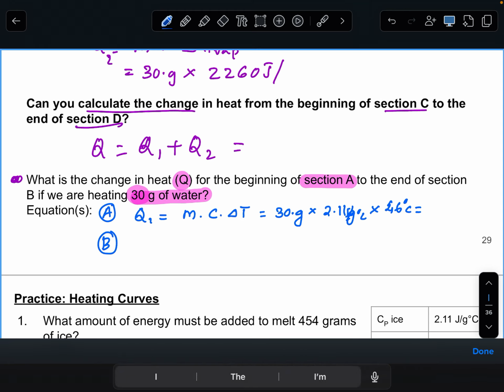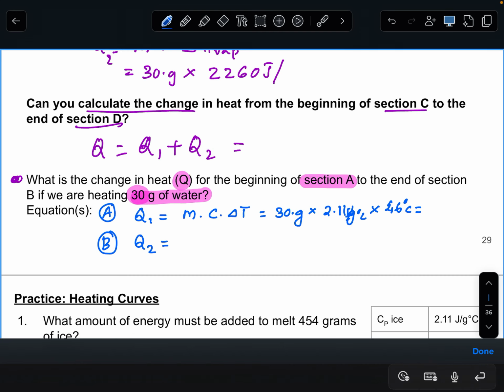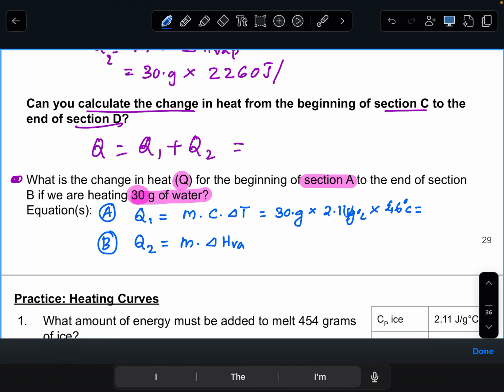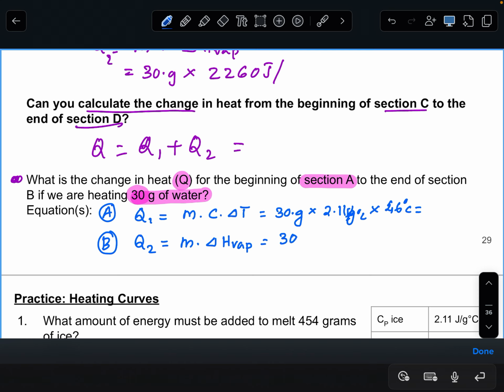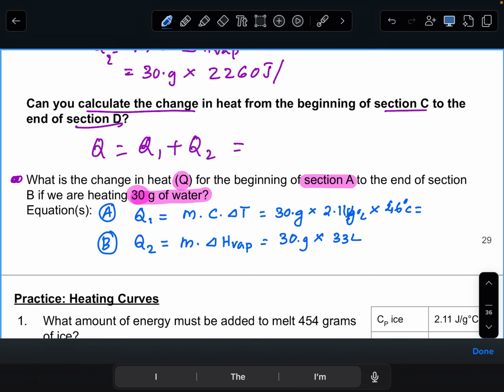Then go to line B, where is Q2, there is melting. So you will write m times delta H of vaporization. Same mass, we started with the 30 gram, times 334 joules. Then we need to find the total energy, so you will add what with what?